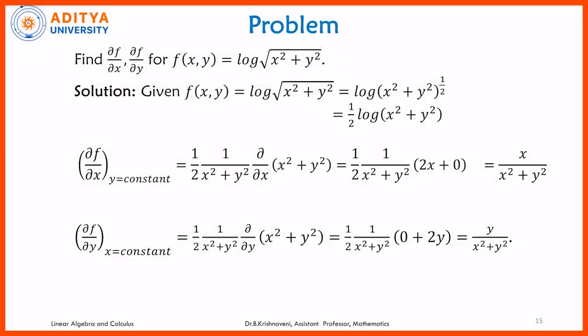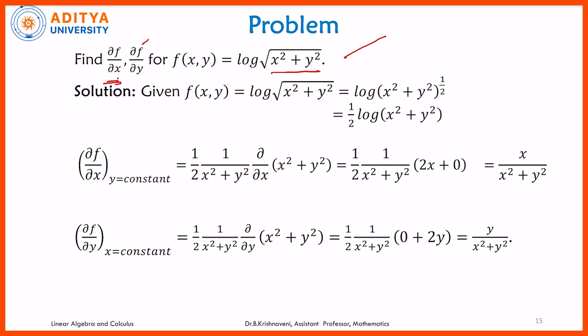So, now let us do the questions on partial derivatives. The first problem is to find dou f by dou x and dou f by dou y for f of x comma y equal to log of root of x square plus y square. So, for the function f of x comma y, we have to calculate dou f by dou x, the partial derivative of f with respect to x, and dou f by dou y, the partial derivative of f with respect to y.